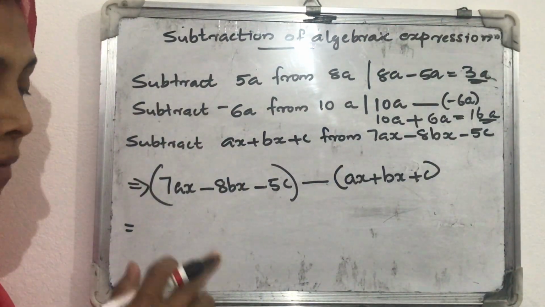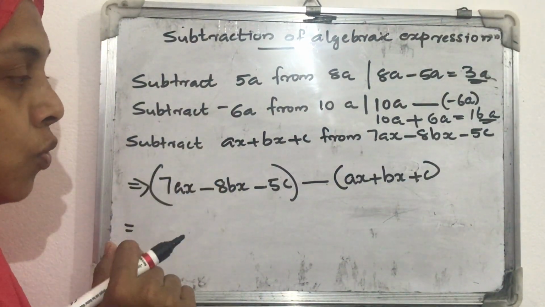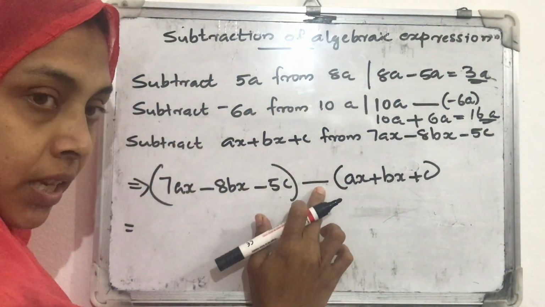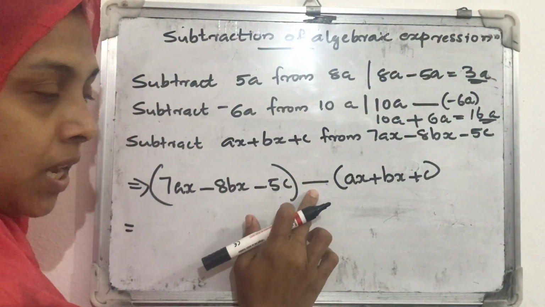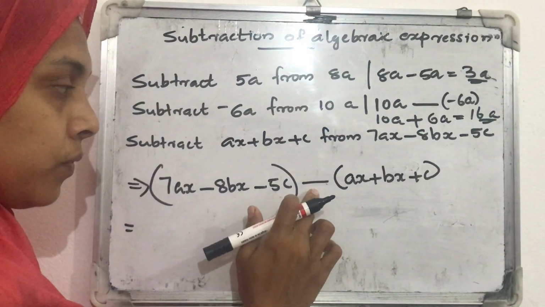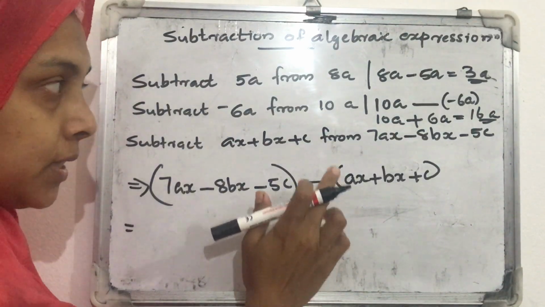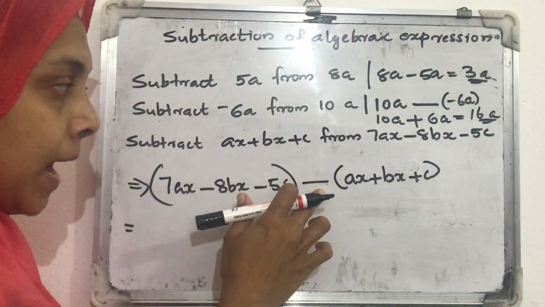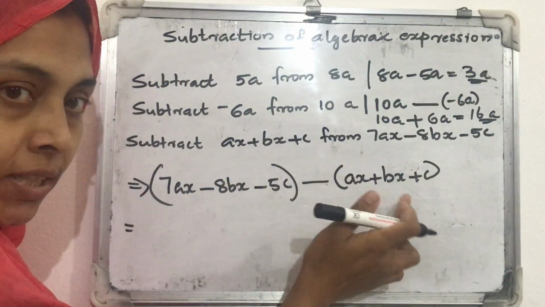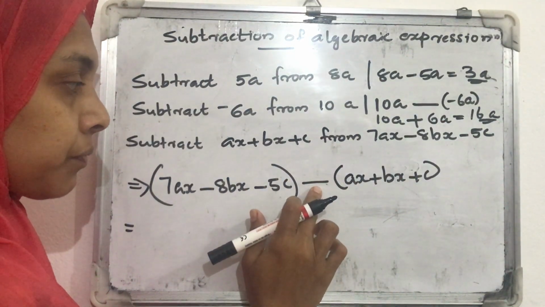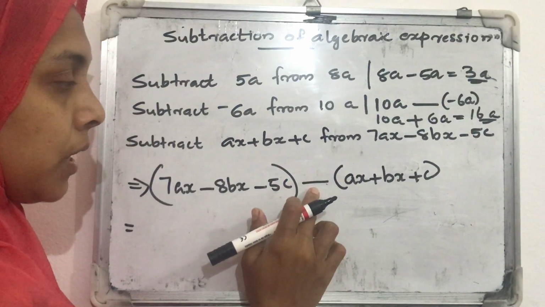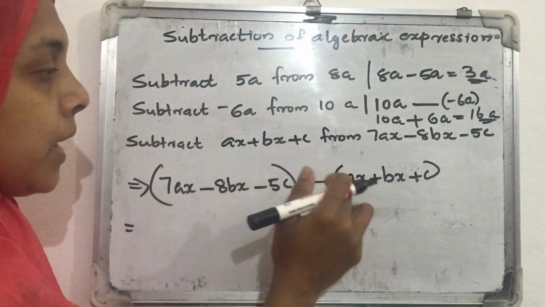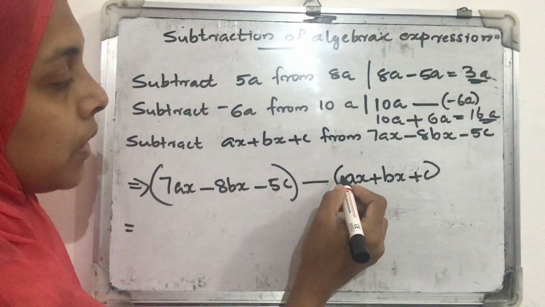When we remove the brackets, you want to take care of one thing: if there is a minus before the bracket, then instead of subtracting, we add, just like in integers, the additive inverse of the second one.